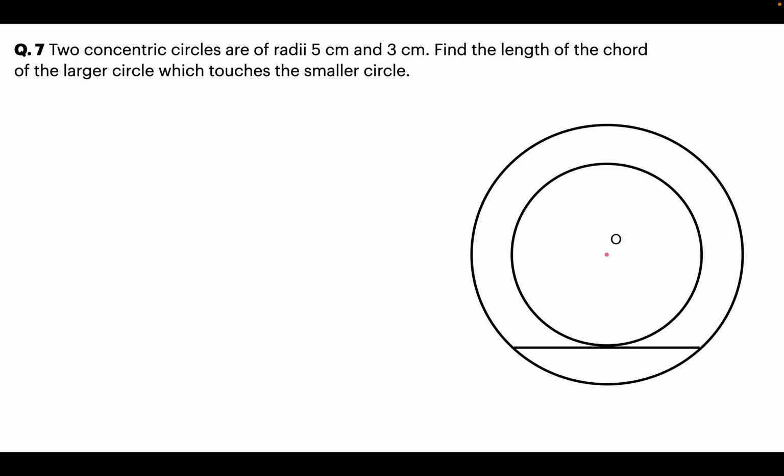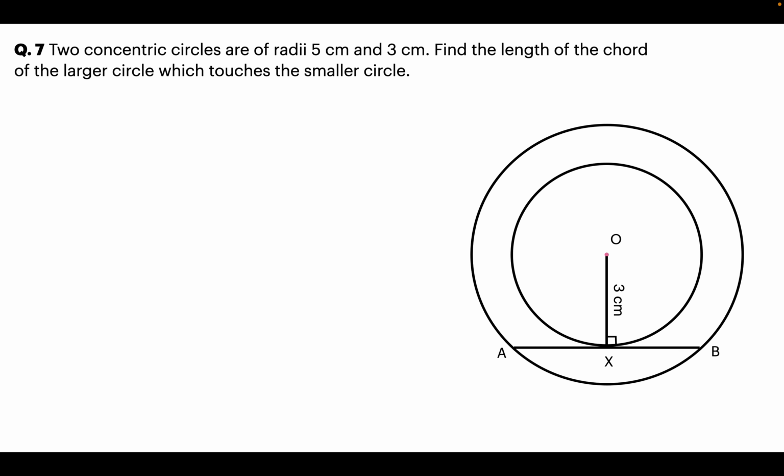Now let's say this center is O, and this chord touches the smaller circle at point X, and let's say the endpoints of this chord at the circle are A and B. Now let's draw a line from the center of the circle to the point of contact at X, and this line is going to be perpendicular. That's what we know from theorem 10.1. This is 3 centimeters, the radius of the smaller circle, which is given here.